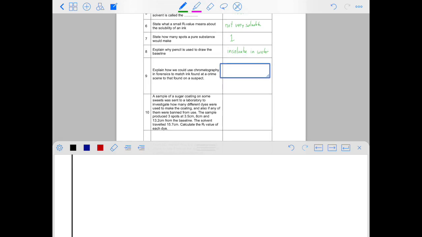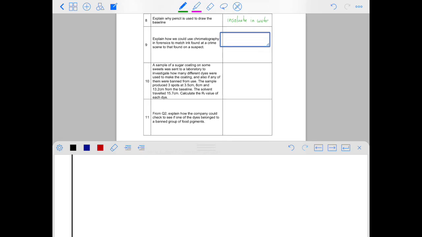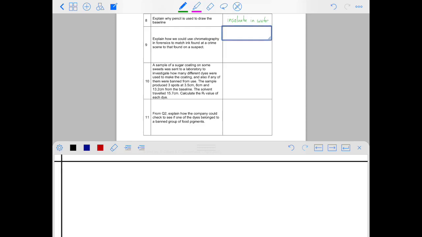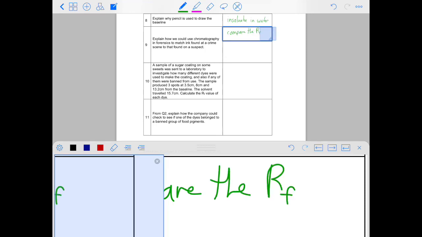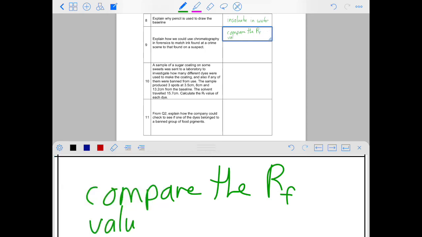And then these further questions take a little bit more thinking about it and a little bit more writing. So explain how you'd use chromatography in forensics to match ink found at a crime scene to that found on a subject. So you would compare the RF values of both inks to see if they were the same.